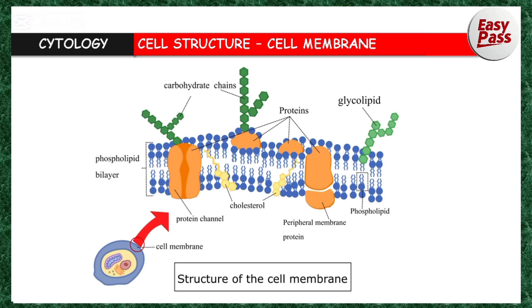The head region is actually the phosphate group, while the tail region is the lipid or the hydrocarbon group. The phosphate group, which is the water-loving part of this phospholipid, always tends towards the water environment, while the lipid part moves away from the water environment.